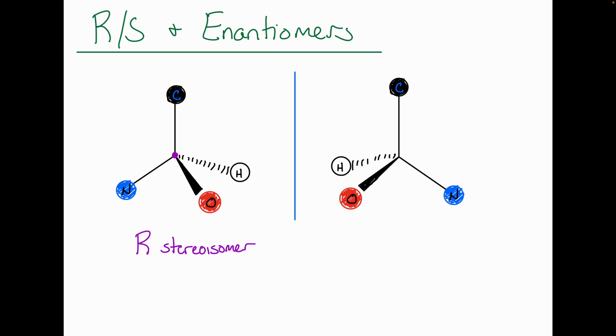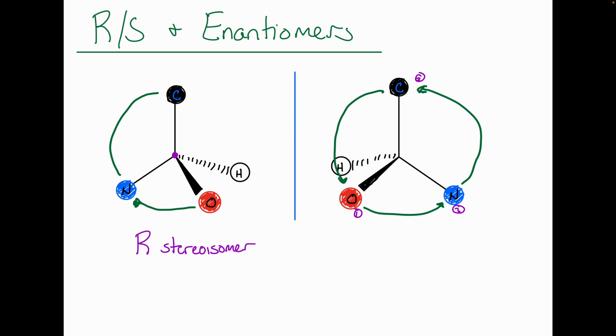We have that lowest priority group pointed in the back. So now we just have to draw our arrows from 1 to 2, 2 to 3, and 3 back to 1. And now I'm in the counterclockwise direction. So this would be which stereoisomer? The S. All right.